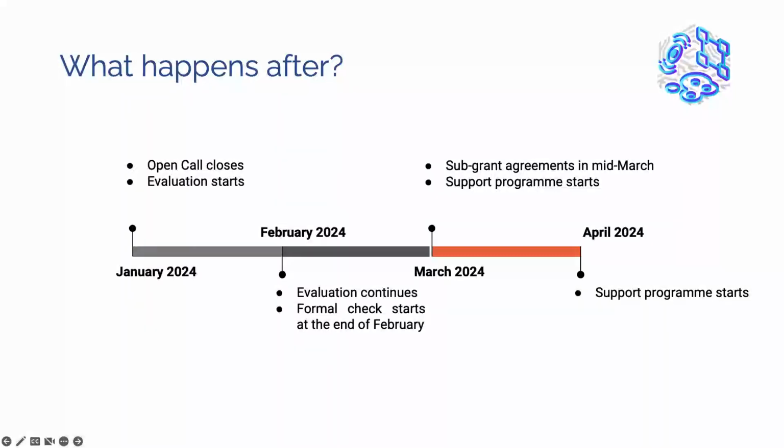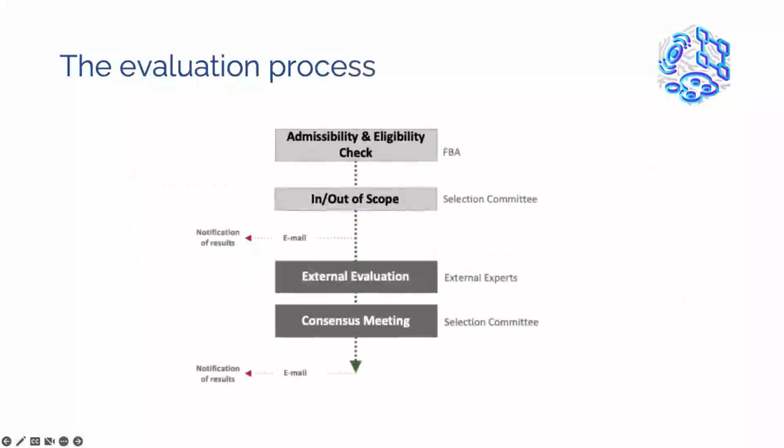At the end of February, we will have the list of finalists, and those will undergo a formal check where we will check the legal status of your company, for instance, if you actually are an SME or a mid-cap, as you're stating in the application form, and any other relevant aspects. Those who have passed the formal check will then sign sub-grant agreements in mid-March with the NEPHELE consortium. And finally, at the beginning of April, the support program starts.